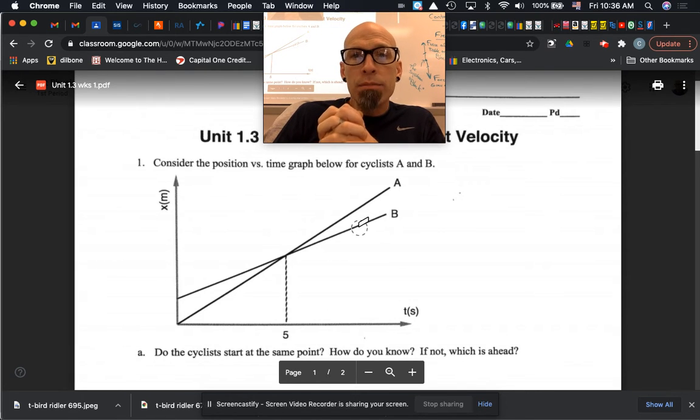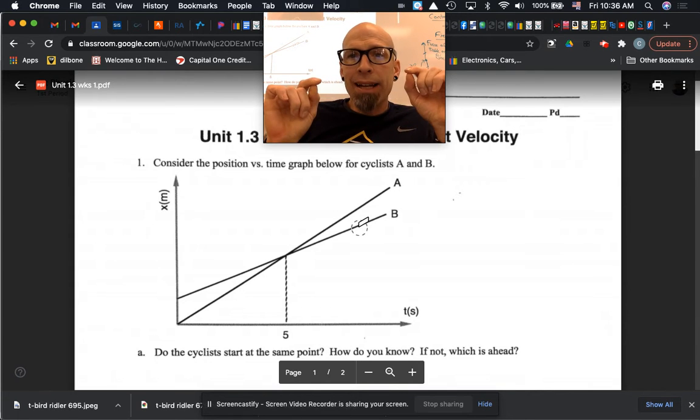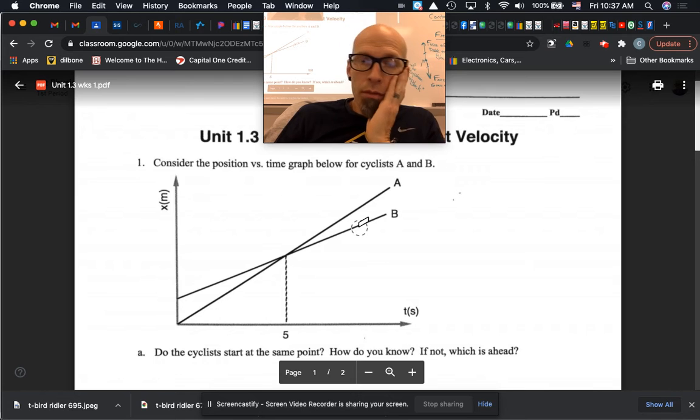What's happening at the intersection point? I would say that, well, hold on. Who's faster than who? A's faster than B, right? Who is ahead before 5 seconds? B. Who is ahead after 5 seconds? A. What happened at 5 seconds?